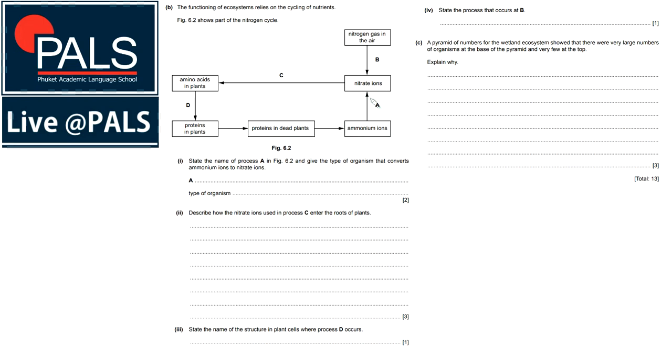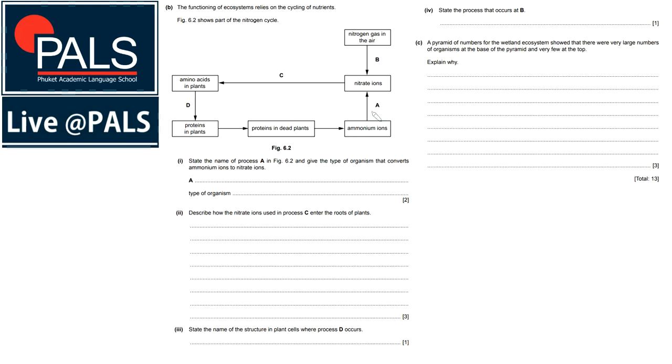So we have a couple of processes here, A, B, C, D. So let's try to figure out what they are. So proteins in dead animals are changed to ammonium by decomposers. So this would be decomposition here.